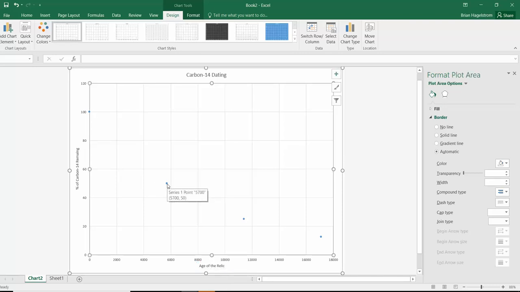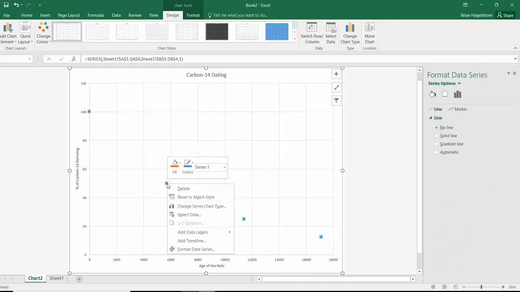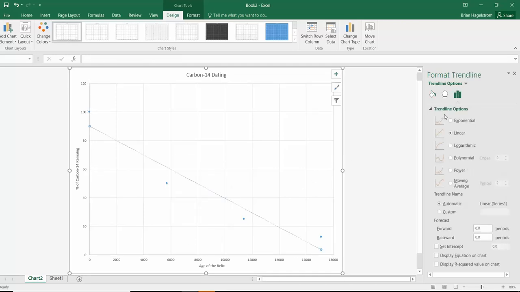I'm going to look at one of these data points, do what's called a right click. Go with add trendline. In this case, we want to choose the exponential and make sure you do display equation and display R squared value. Keep in mind these forward and backward forecasts. Sometimes these might be nice, especially if you know you're making a prediction that's further into the future or maybe backwards in time. I do have my equation here.